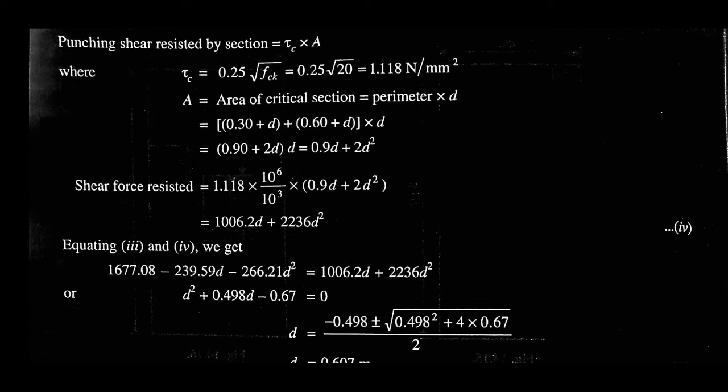So by equating these equations we get 1677.08 minus 239.59d minus 266.21d square is equal to 1006.2d plus 2236d square, or d square plus 0.498d minus 0.67 is equal to 0.